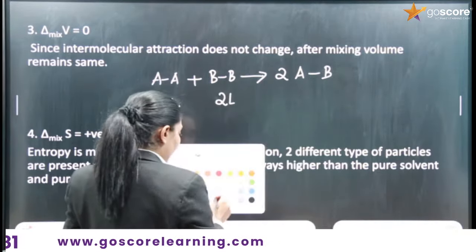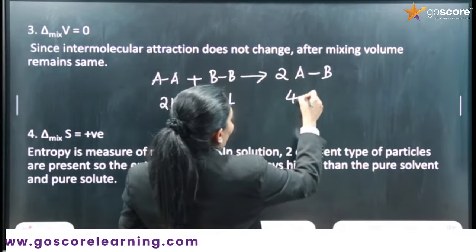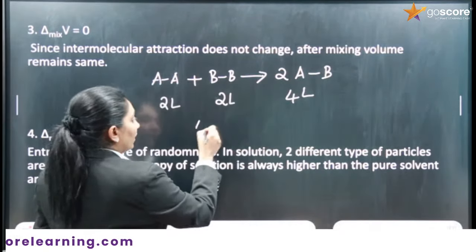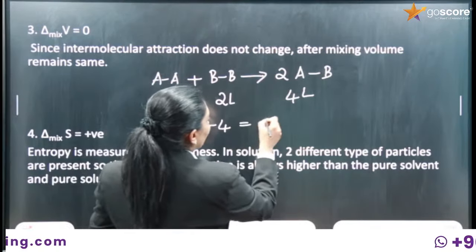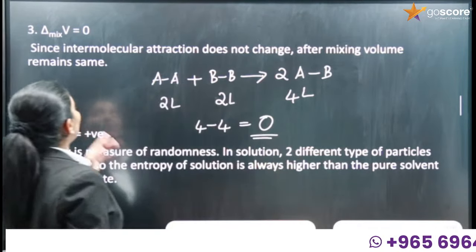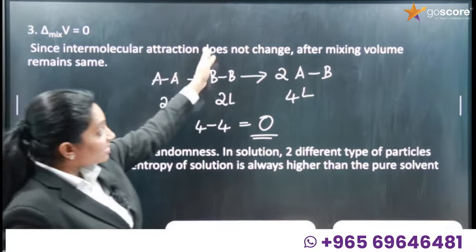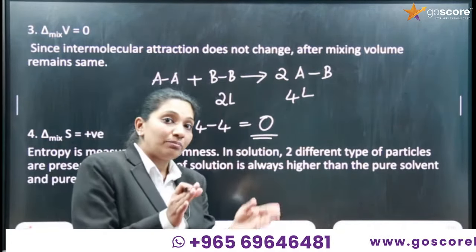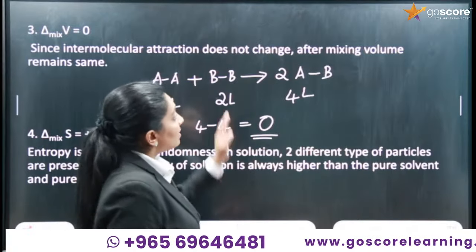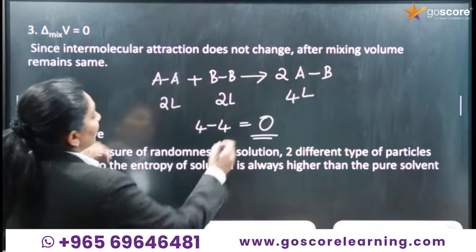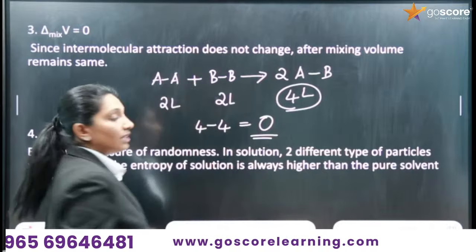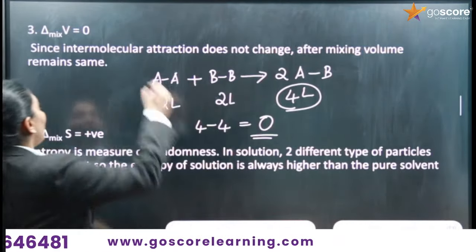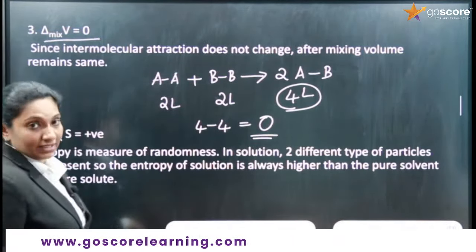It will be 4 liters, right? So what about the change in the volume? It is 4 minus 4, that is equal to 0. So for an ideal solution, the intermolecular attraction is not changing. That is why the interaction between AA, BB is equal to AB. After the mixing, the volume remains the same, right? So here the delta V of mixing will be 0.